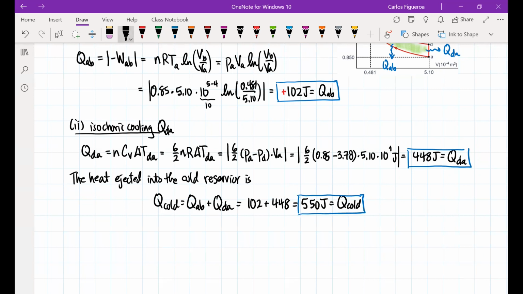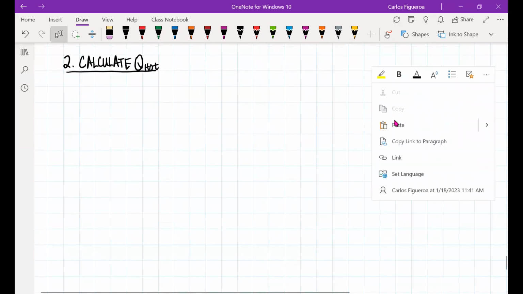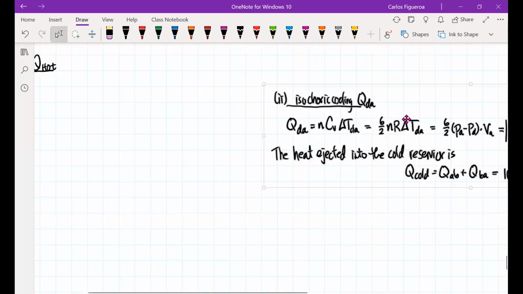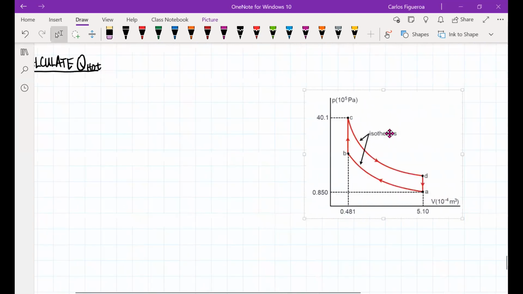So next, we have to calculate our other heating, which will be Q hot. This will be the heat put into the gas for that system. So let me go get my PV diagram and put it in here.